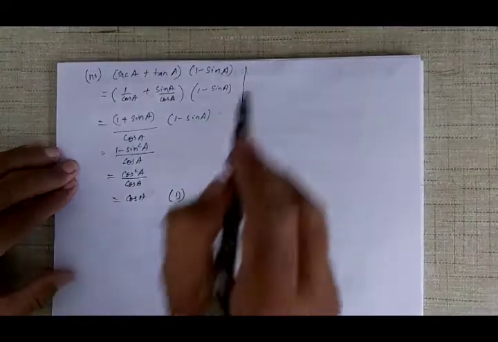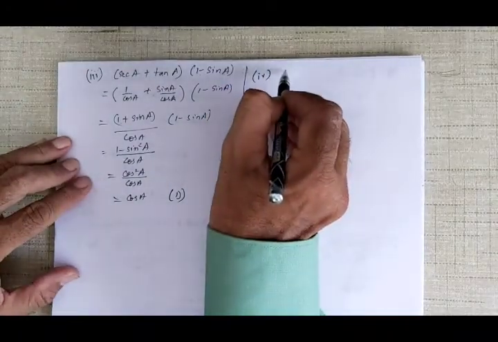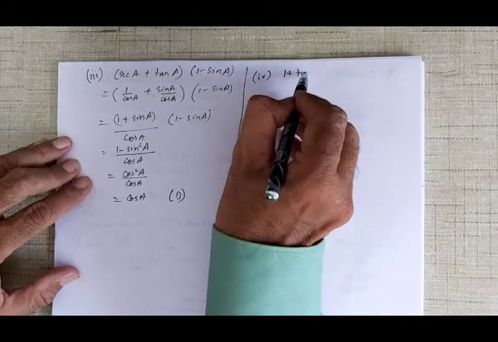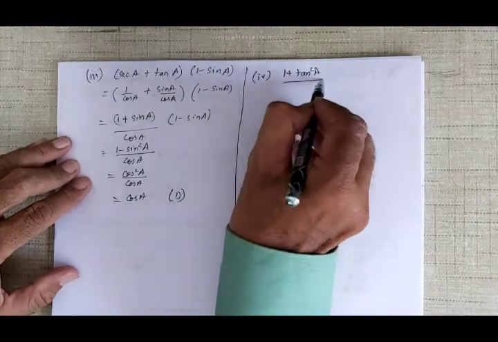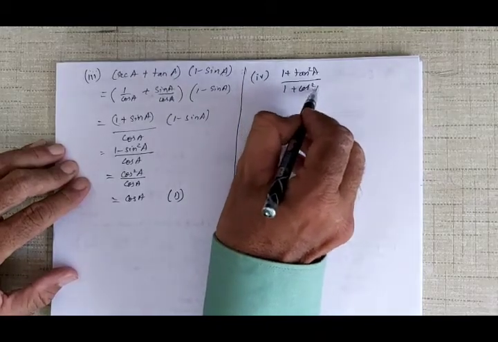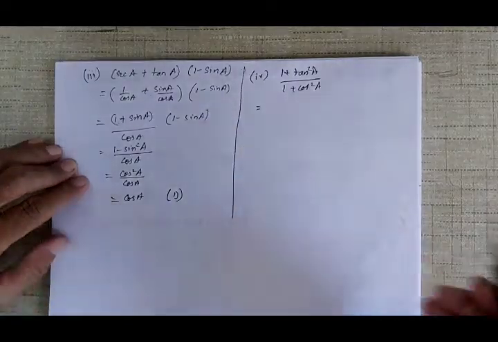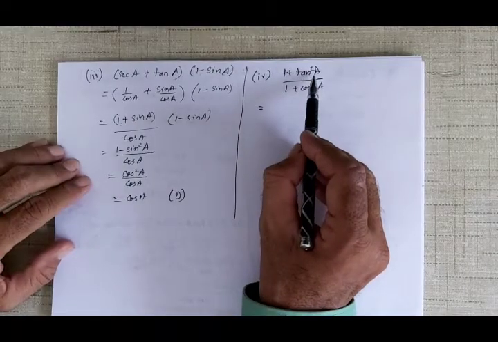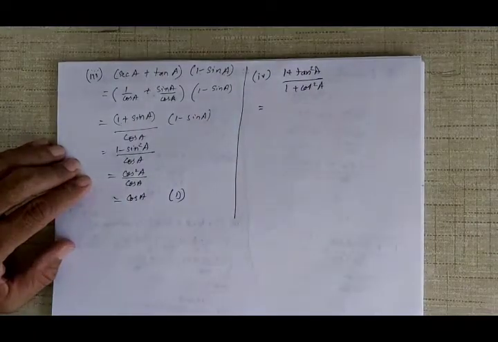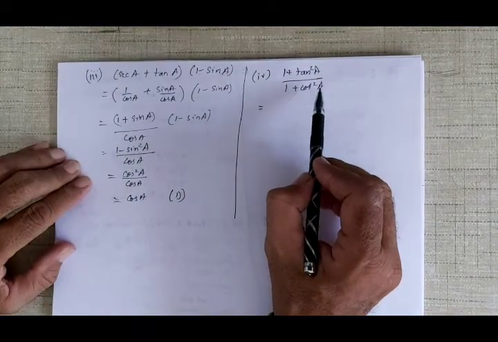Alright. Now let us see number 4. Number 4 says (1 plus tan square a) upon (1 plus cot square a). Now you can see that this can also be done in different ways. 1 plus tan square a is sec square a, and 1 plus cot square a is cosec square a.